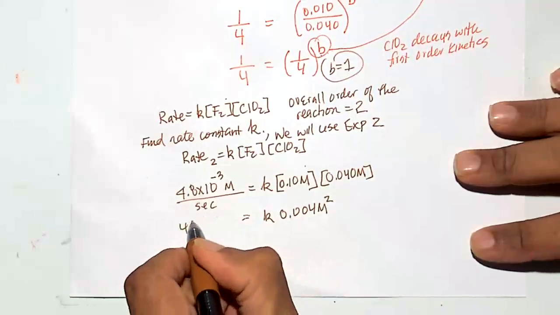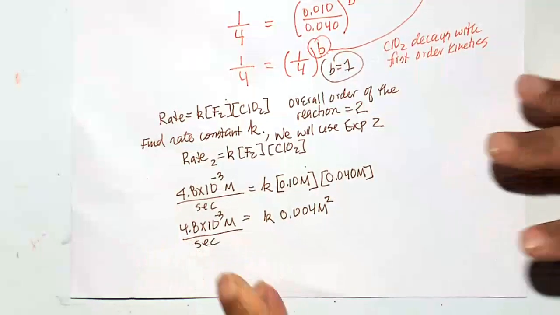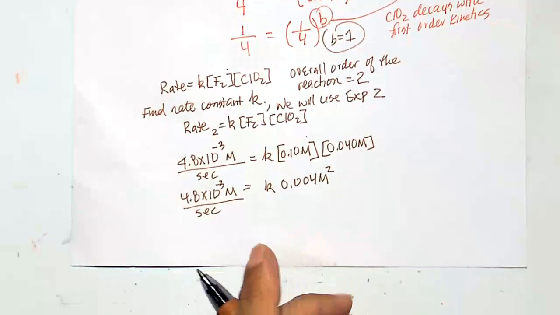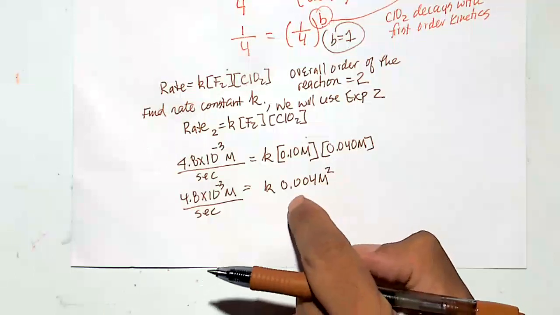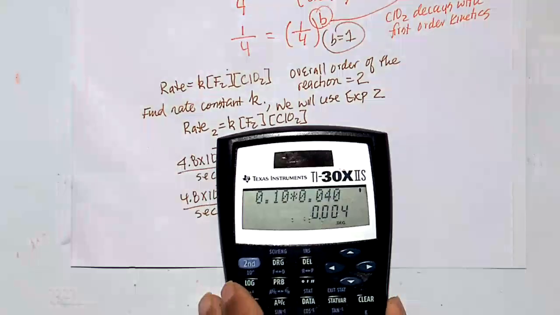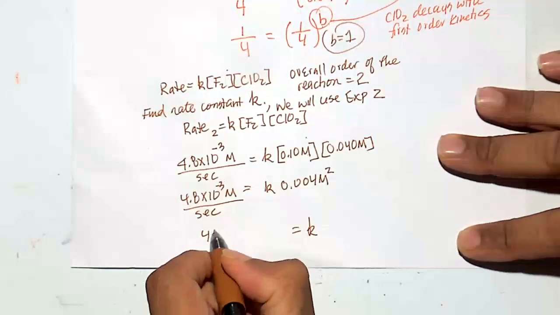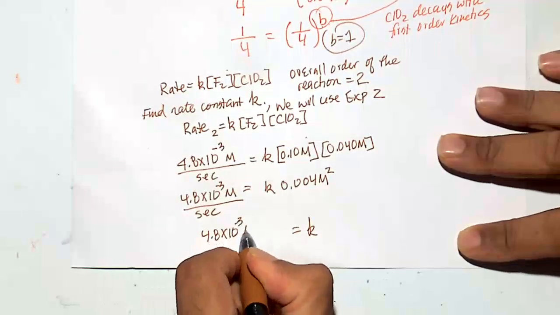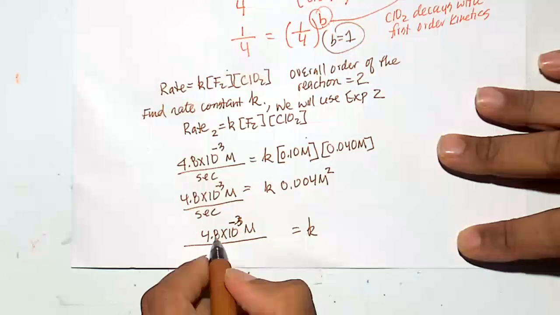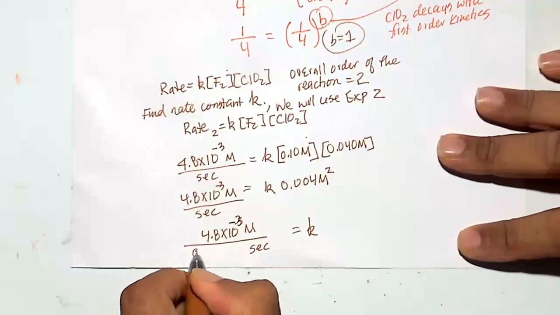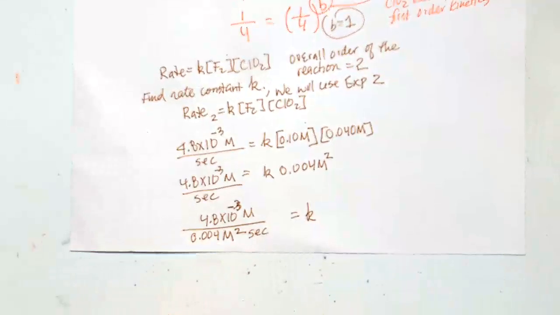So 0.10 M times 0.040 M is 0.004 M squared, and that equals 4.8 times 10 to the minus 3 M divided by seconds. So we will isolate k: 4.8 times 10 to the minus 3 molarity over second divided by 0.004 M squared.